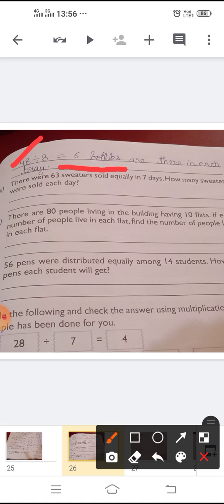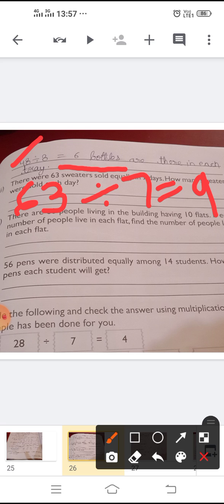Understood? Now next, there were 63 sweaters sold equally in 7 days. So there are 63 sweaters, sold equally in 7 days. How many? That means 9 sweaters were sold each day.